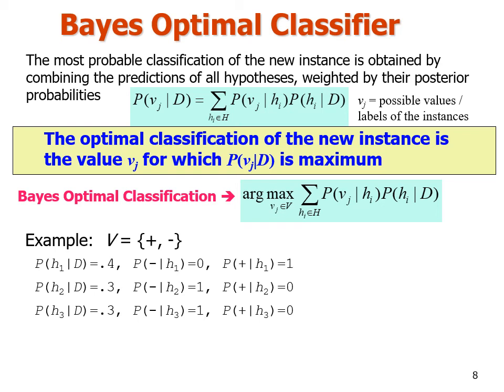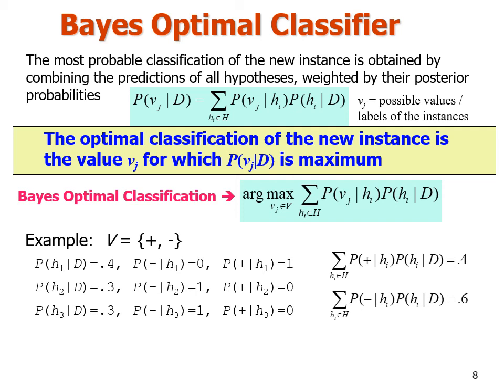So, for V equal to positive, we have the expression summation over Hi that belongs to capital H, probability of positive given Hi multiplied with probability of Hi given D. This comes out to be 0.4, whereas for value negative we have the expression summation over all hypotheses in H, probability of negative given Hi into probability of Hi given D. So it comes out to be 0.6.